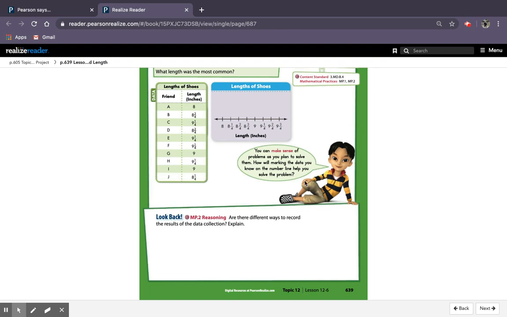So I could record them in this table here. I can record them on the graph here. So if you put yes or no, as long as you gave a full explanation, I'll take it. If you want to change your reasoning after listening to this, that's fine too. But remember, what you're turning in to me should be the way you're thinking of it.